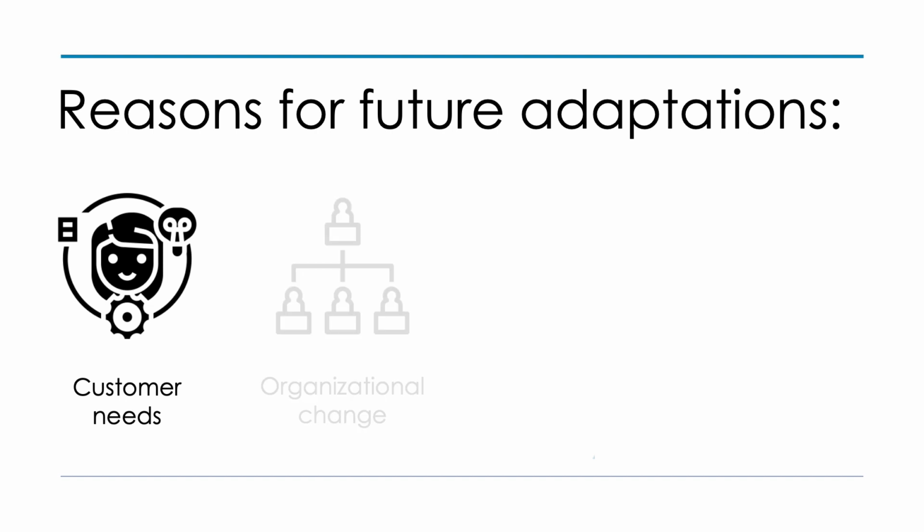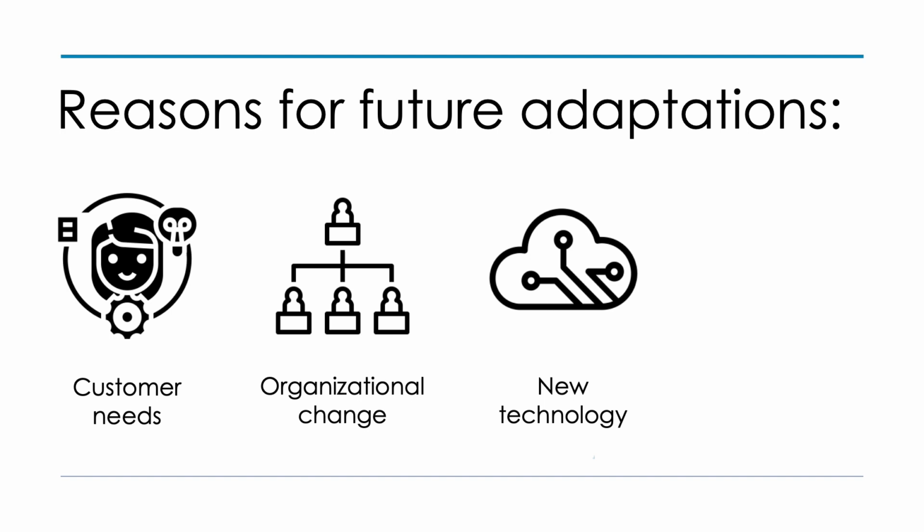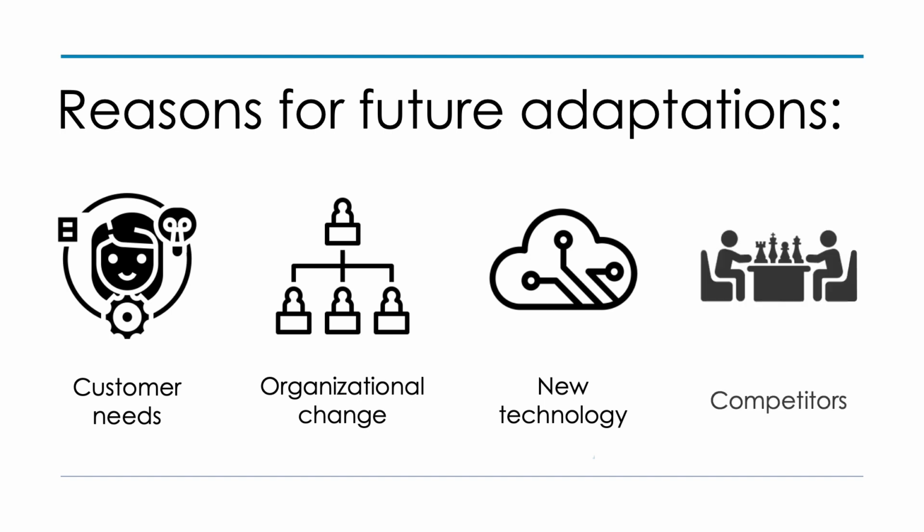It can be changes within the organization or maybe new technology that has popped up. It can also be competitors who just come up with better ideas and now we need to adapt what we're going to deliver. So bottom line is there's always many reasons why we may need to adapt what we're doing, but the goal here is to do it with our stakeholders and do it collaboratively.